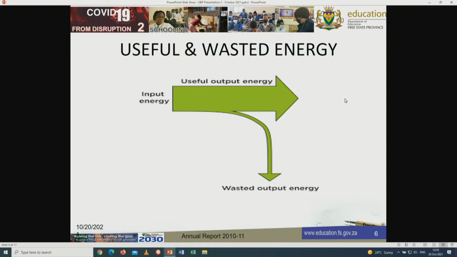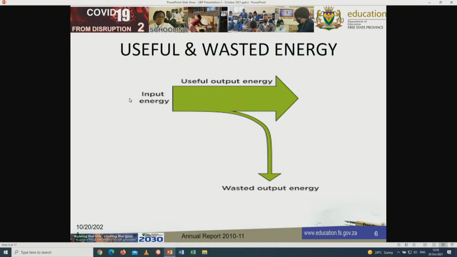Useful output energy, it is used here where it's supposed to be used. But look, there is a certain portion of it, as I said, that will go out as wasted output energy.